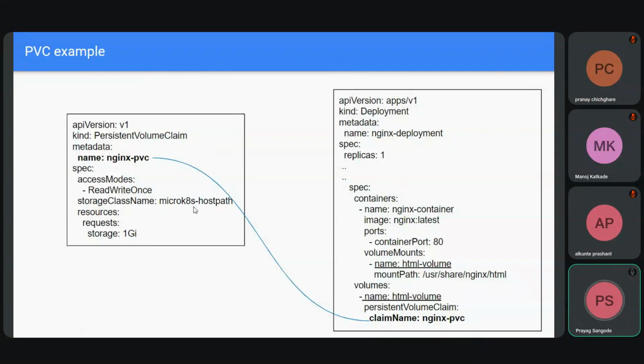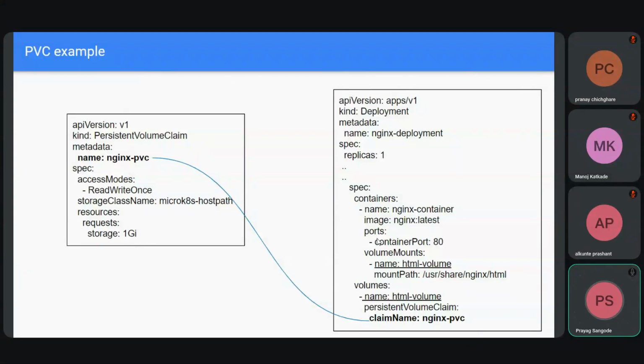This is an example from one of the MicroK8s, but we'll have something different, as the storage class can be different. We are saying it can be accessed read-write once; it is also possible to access read-write many. So via this claim we are asking for 1 GB of disk, and it will be automatically assigned if it is dynamic.